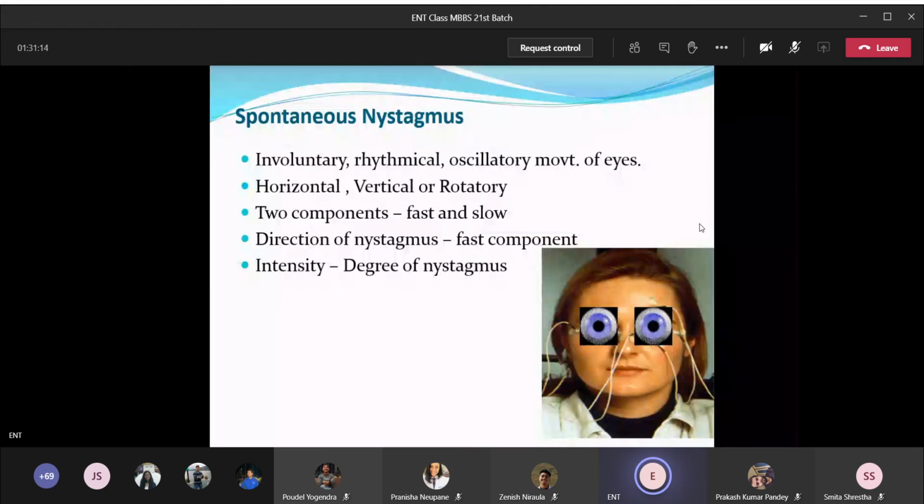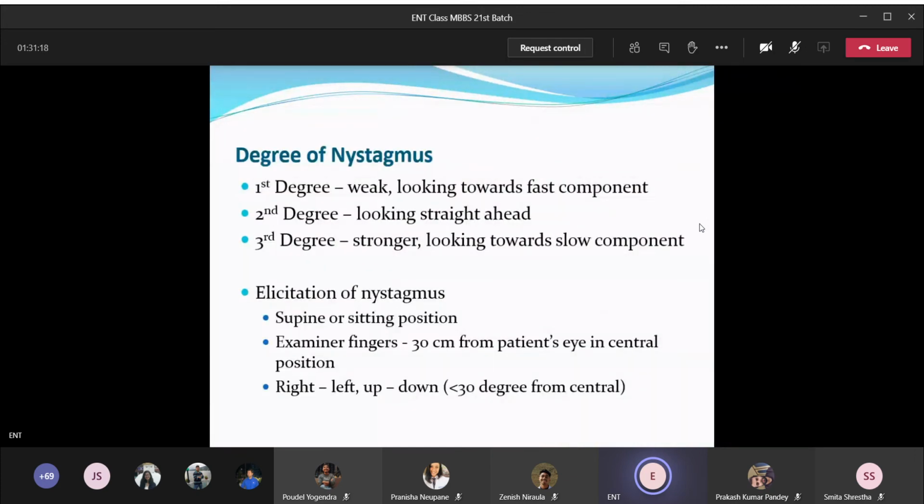The second thing you should understand is the degree of nystagmus: first degree, second degree, and third degree. First degree is weak and appears when looking towards the fast component. Second degree is while looking straight ahead. And third degree is stronger, looking towards the slow component.